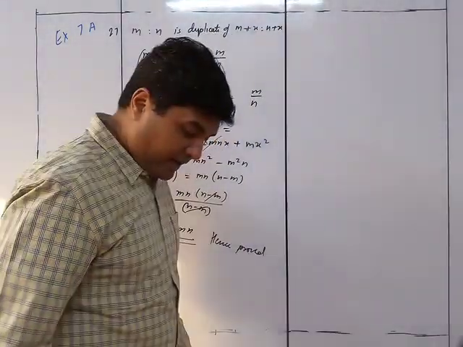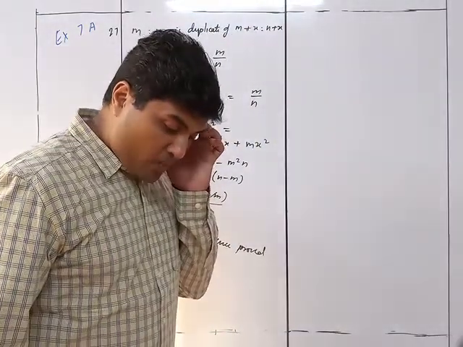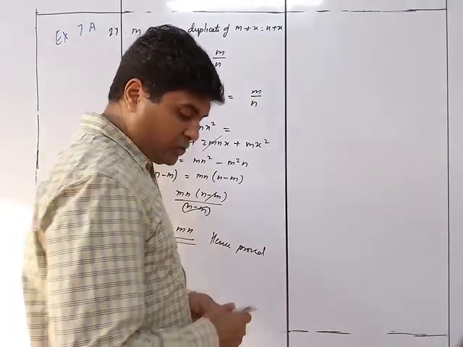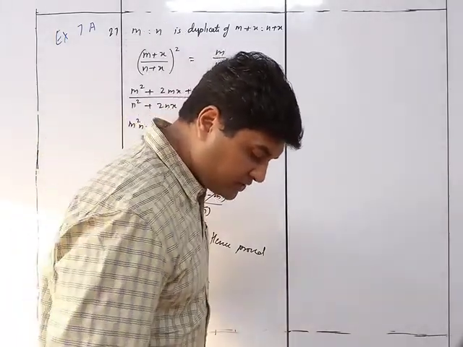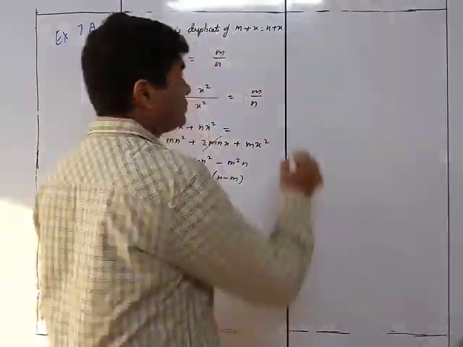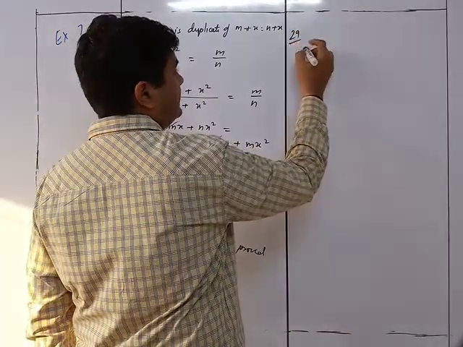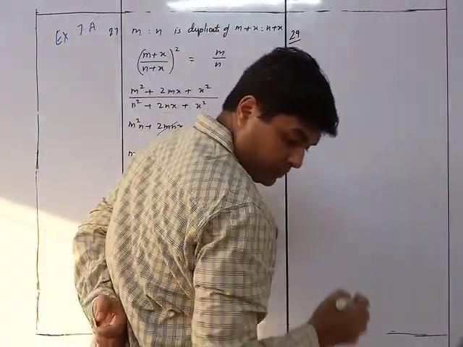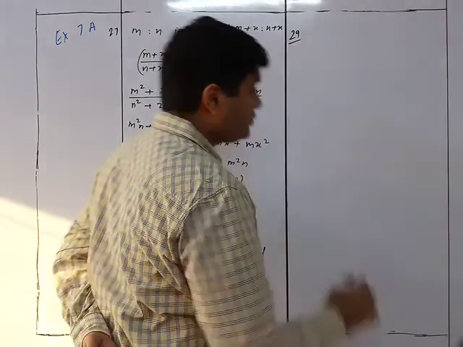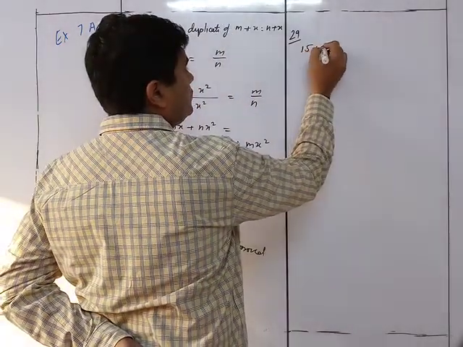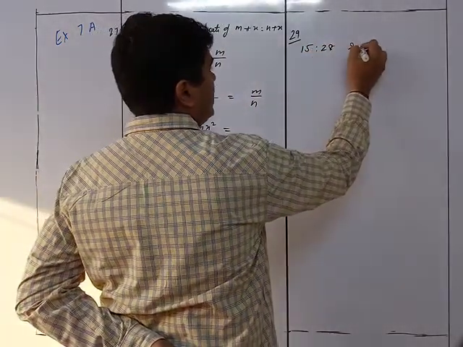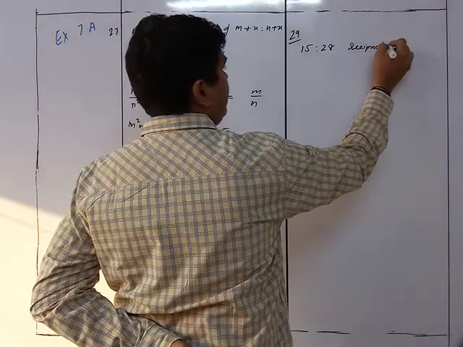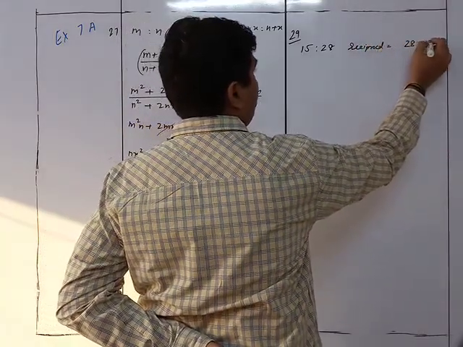Okay, sum number 29. Find the ratio compounded of the reciprocal of this. Okay, we have got certain things over here to find, and after that we have to compound. So it's 29. First thing is, it is given that reciprocal of 15 is to 28. So 15 is to 28, reciprocal is equal to 28 is to 15.